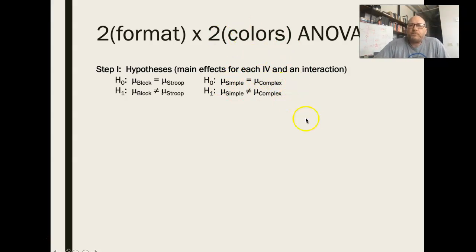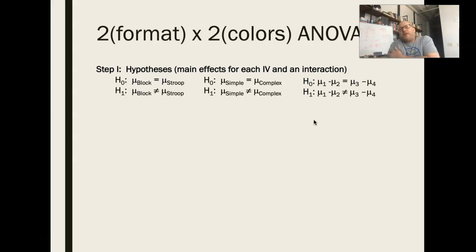Okay. All right, so the interaction hypothesis, hopefully you remember this from last time. This one is saying that we're going to test the two means on the top of the table. The way I set up that table, if you have it in front of you, you should be able to see it. It's block versus Stroop, but only in the top row. That's M1 minus M2.